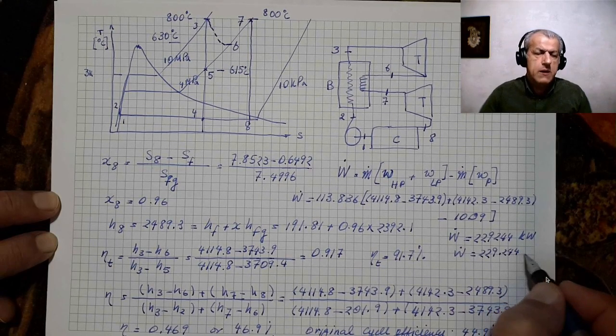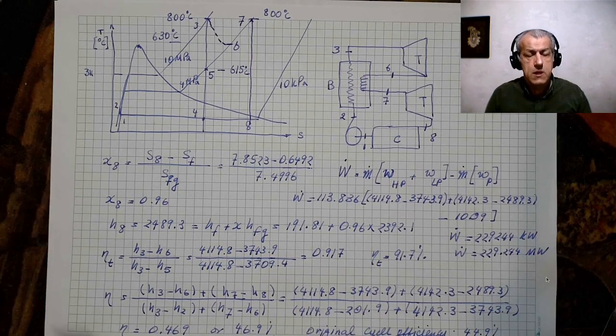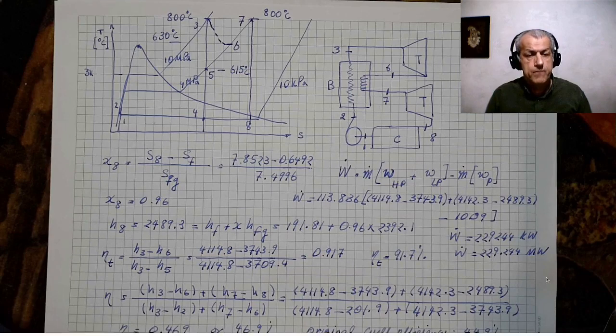If you remember, the work for the previous example for the original cycle was only 200 megawatts.